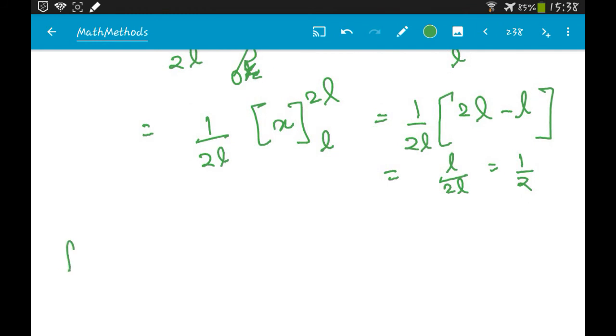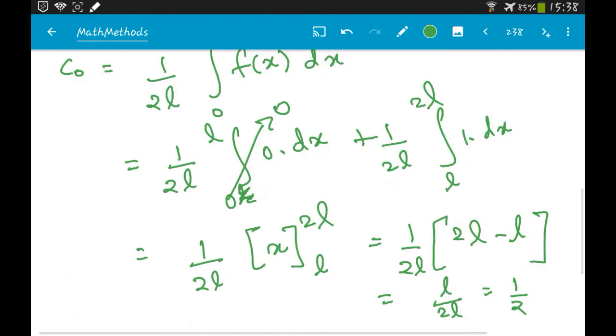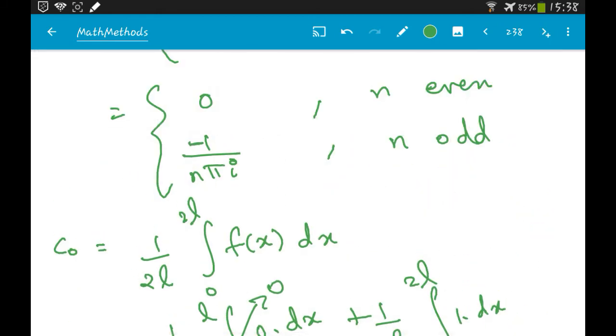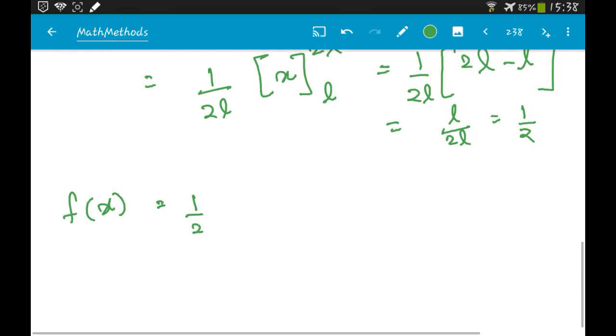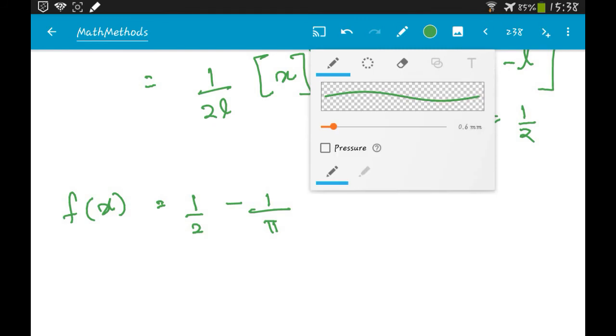So your f of x becomes half, and for n even you have 0, when n is odd you have this term. So you can verify this, right?